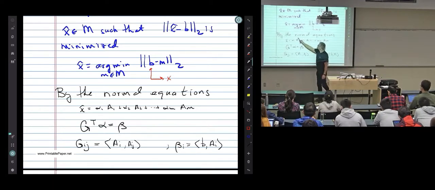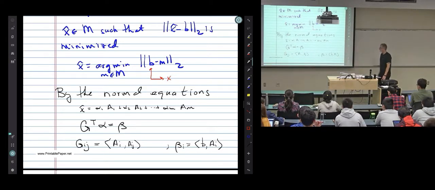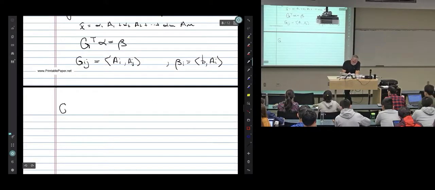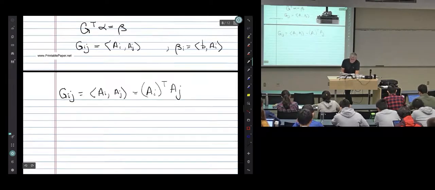These are a basis for M. We're trying to approximate B by something in the column span. Here it is. And so all we have to do now is figure out what G transpose and beta look like. Gij, the inner product of Ai and Aj, is Ai transpose times Aj.